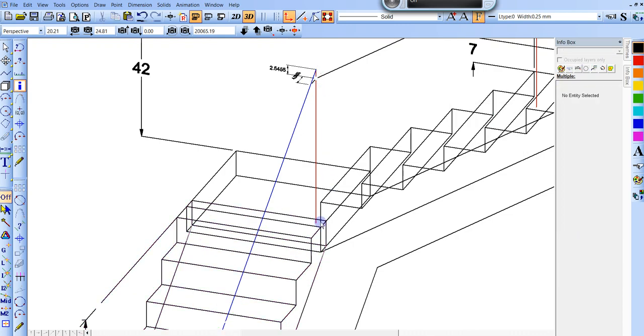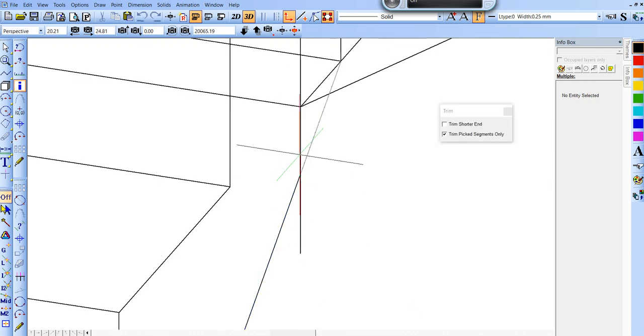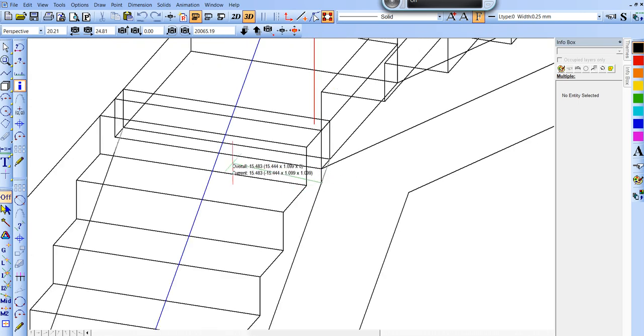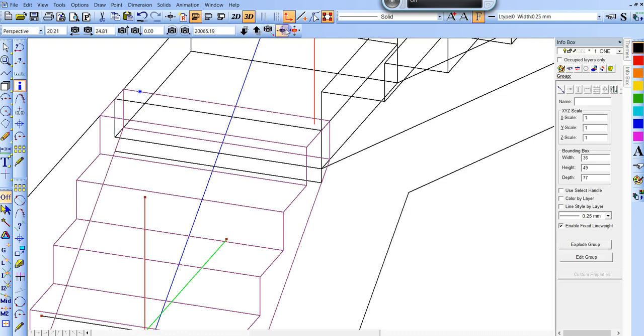All right. So now if we look at this, V, H. Zoom into there. Trim that. We could take that and everything could get moved up to that point.